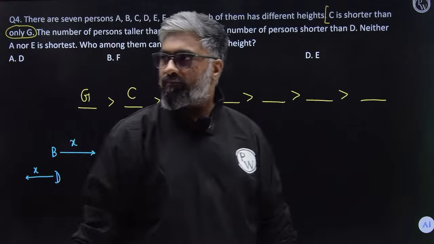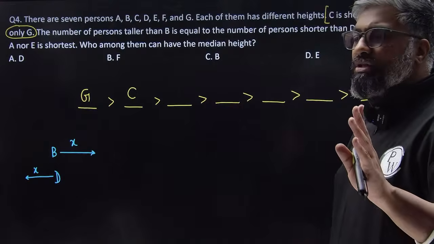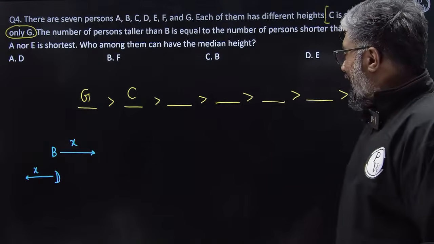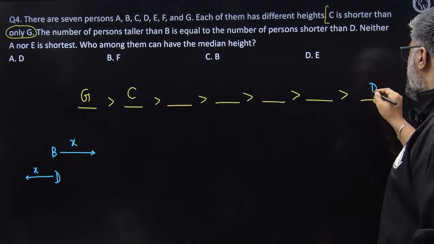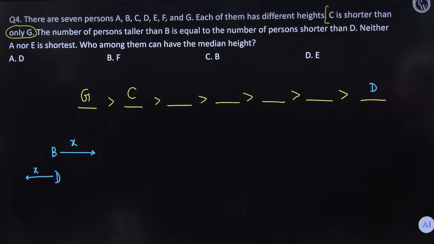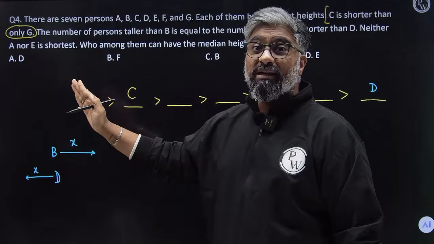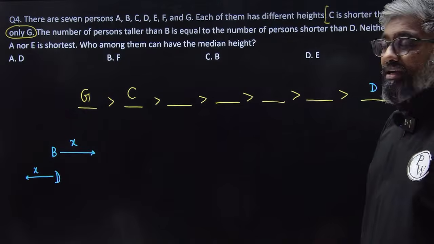Getting this? Yeah. So can you tell me where can I place B and D? Can I place D here? D's left, how many people are there? 6 people are there. Can X be 6 here? Think about this.